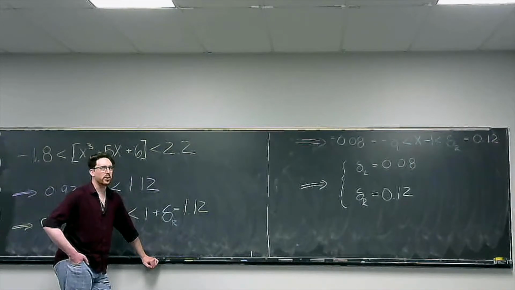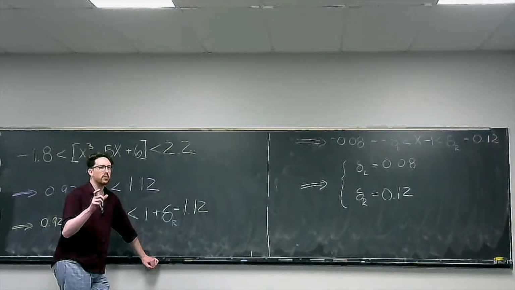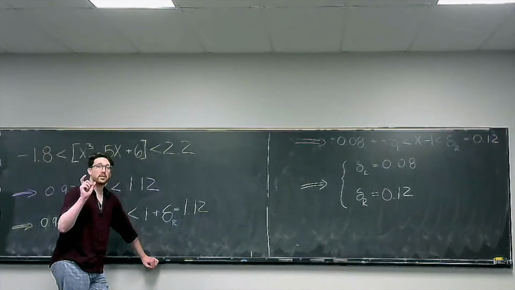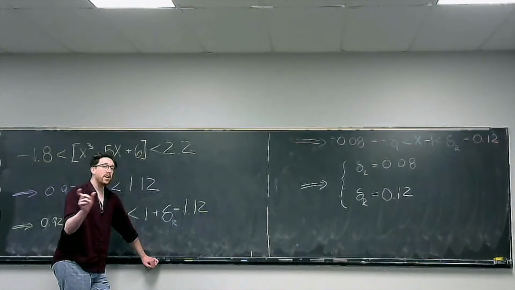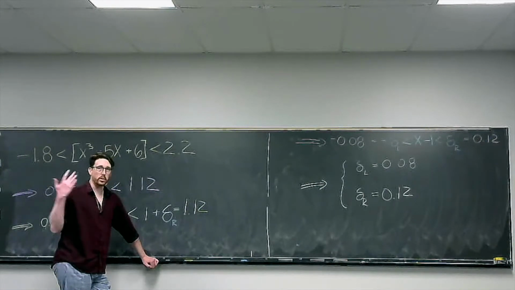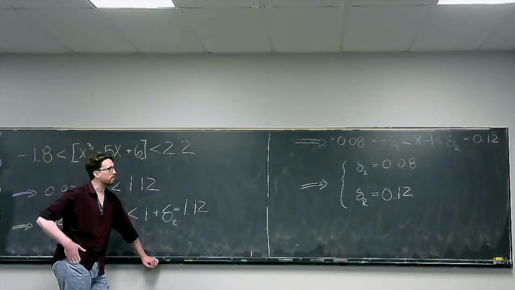Take a minute to think about this. What we're trying to do is find the delta that will guarantee every x value inside of that delta ball will go inside of our epsilon ball. That's what we started with at the very beginning of this problem.